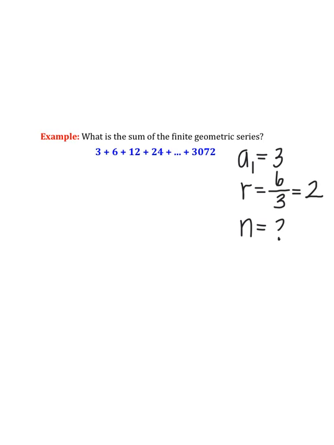The way I'm going to do that is to fall back on my geometric sequence formula. I'm going to write that up here at the top. That sequence formula was a sub n is equal to the first term times the common ratio to the n minus 1 power.